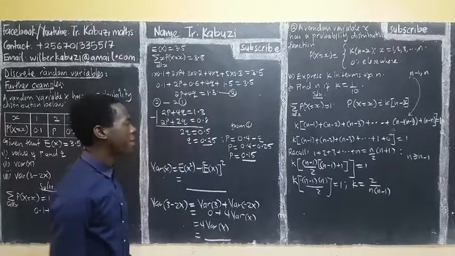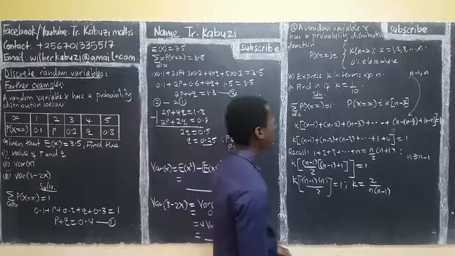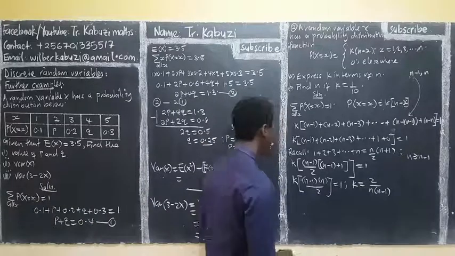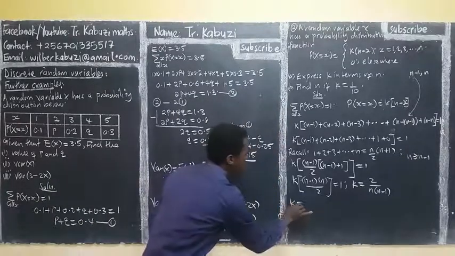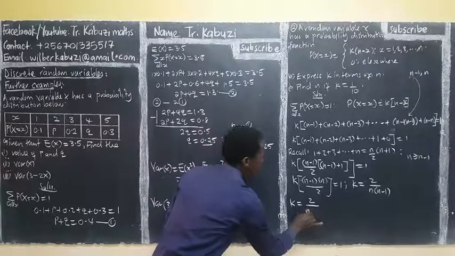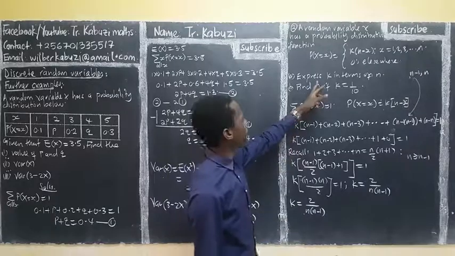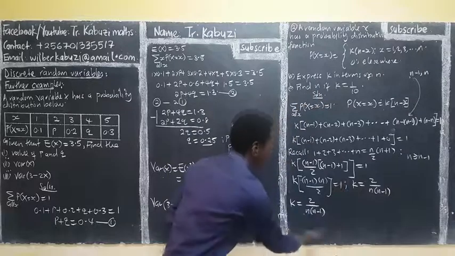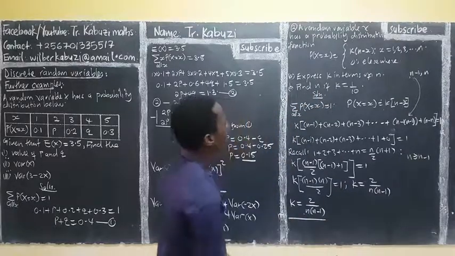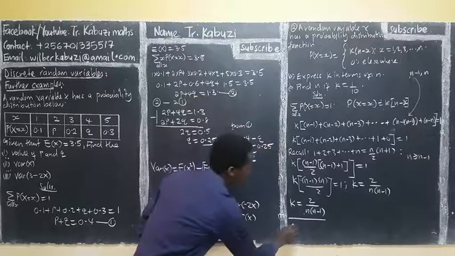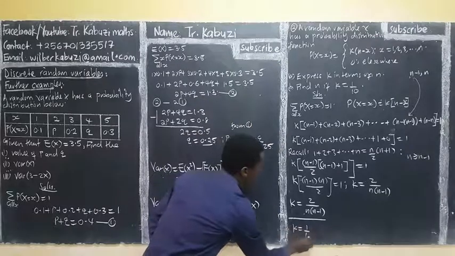So what happens after? Now I'm expressing k in terms of n. So this is 2 over n into (n minus 1). I've expressed k in terms of n. Now they are giving me k equal to 1 over 10.